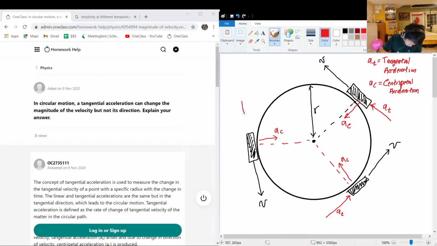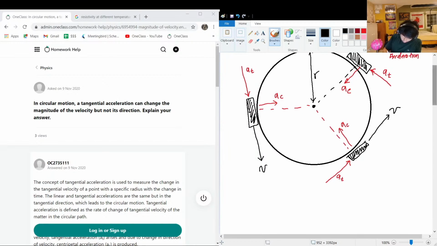Let me write some comments. AT and AC are always perpendicular to each other.